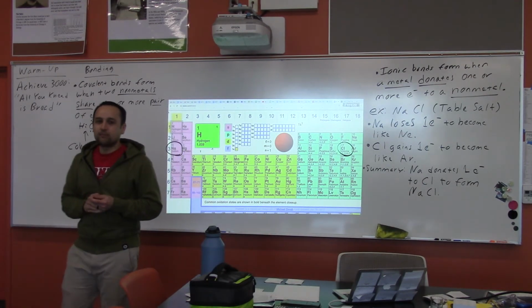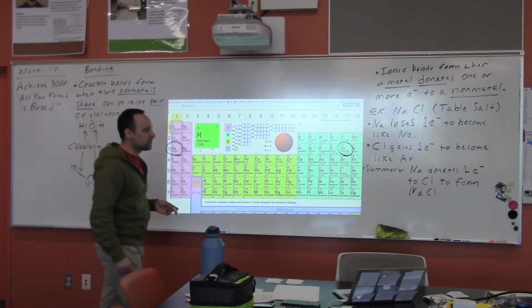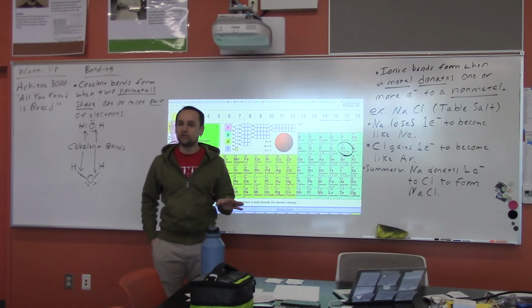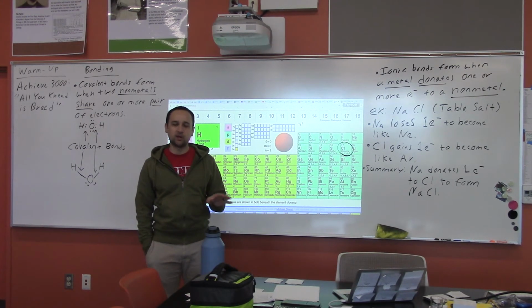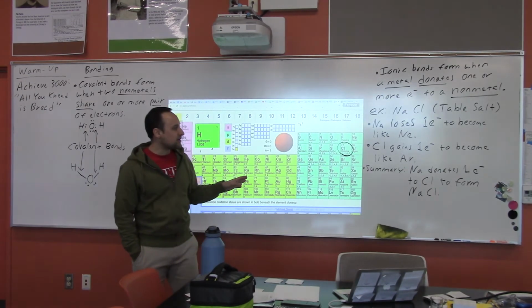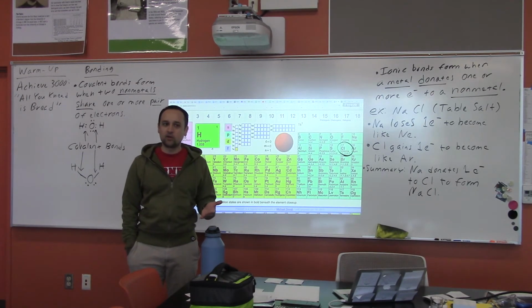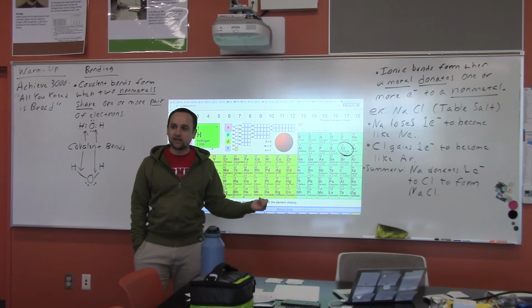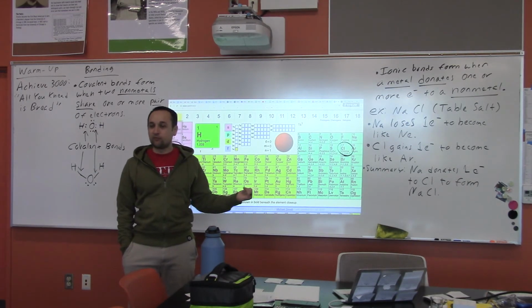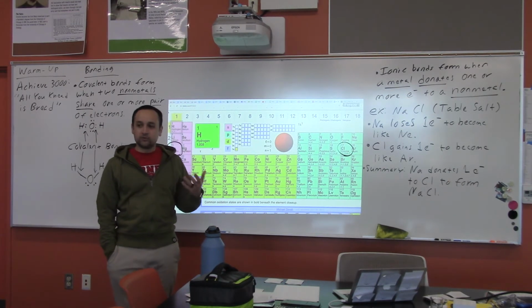So that one example will get us started with ionic bonding. We're going to spend a few lectures on this. We might spend a week and a half or so learning about ionic compounds. And we'll end up taking a quiz on ionic compound formulas and naming, called nomenclature.